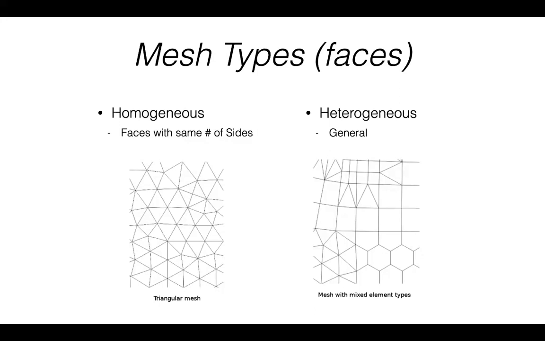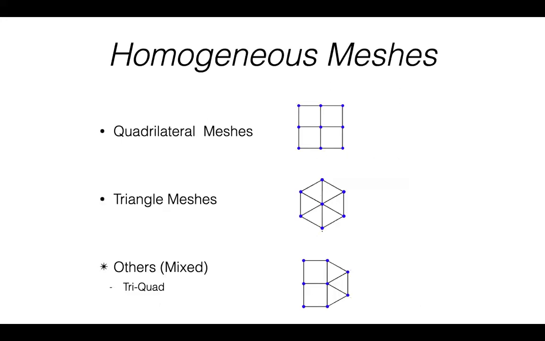And here's a general mesh. We have triangles, hexagons, quadrilaterals, and other things. So these are two ways in which we can build a mesh. And needless to say, the homogeneous meshes are preferred in most cases, right?